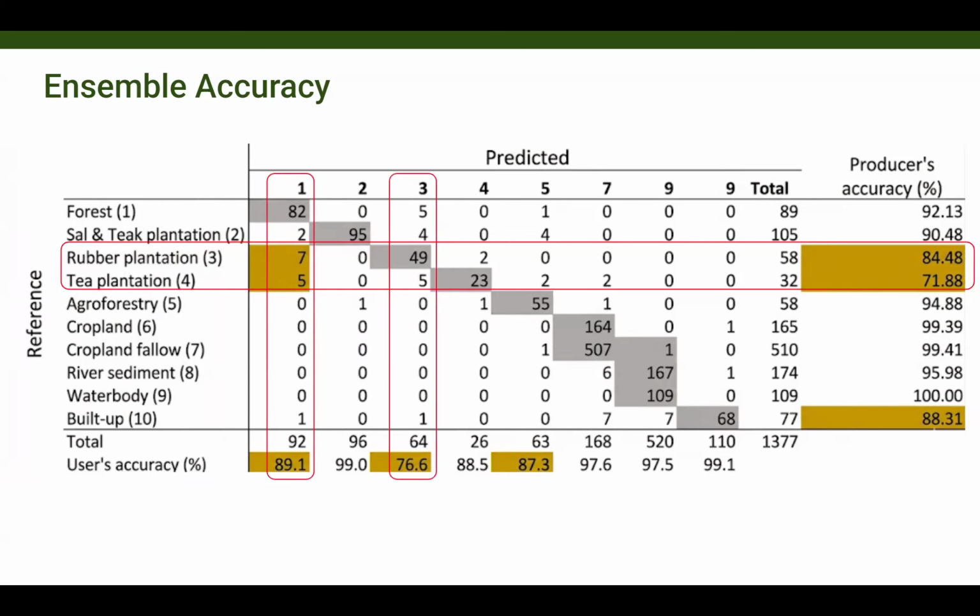This is the accuracy of the ensemble land cover land use. Here it's confused among forest, rubber plantation, and tea. So all of the forest classes are confusing apart from agroforestry. Same thing for rubber plantation and tea plantation. These are creating the problem in the classification. Otherwise, non-vegetated classes are quite good.